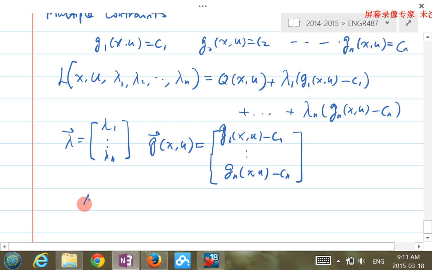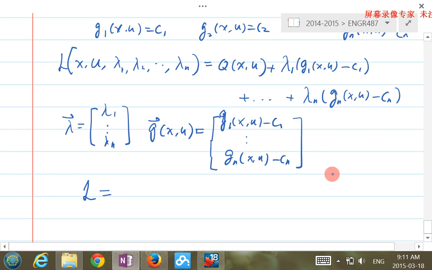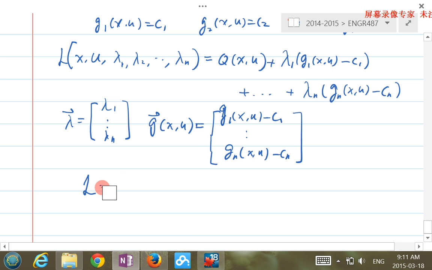Then this Lagrangian L of x, u, lambda could be just Q(x,u) plus lambda transpose times the g vector.